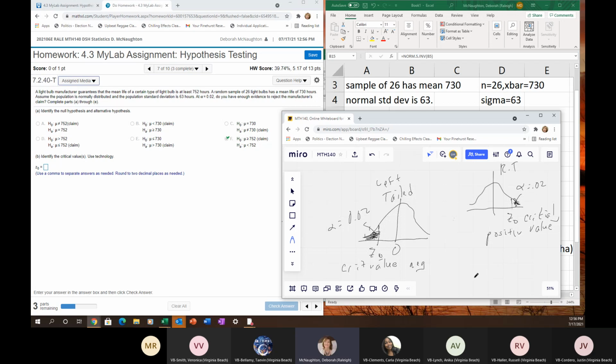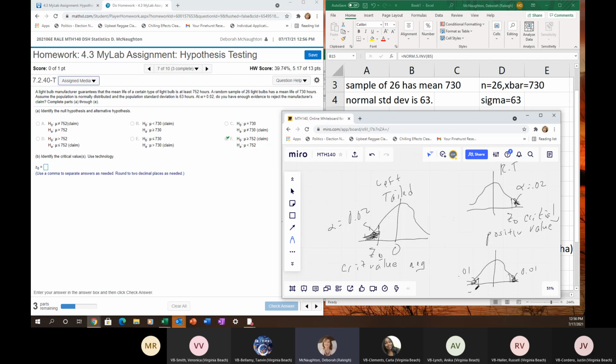And then if it's two-tailed, what happens is we split it in half. So if alpha is 0.02, we have 0.01 in this tail and 0.01 in this tail. And you end up with two critical values because your rejection region is split between these two tails.